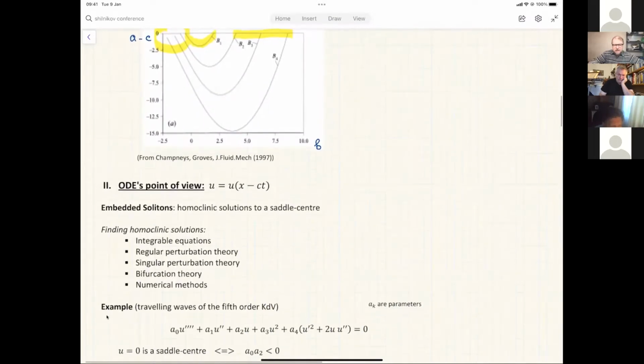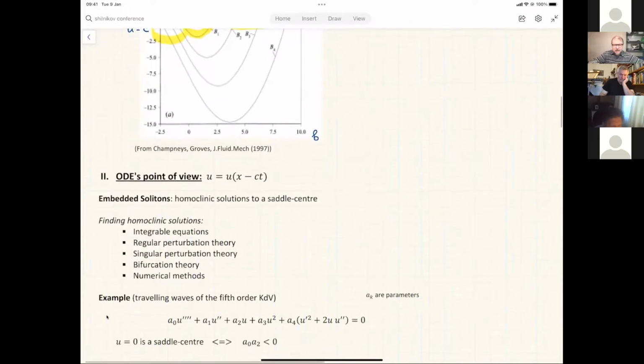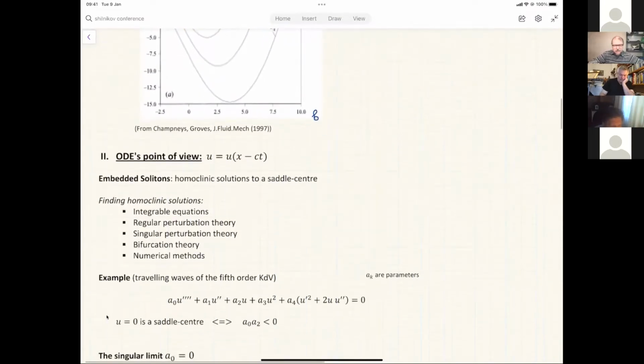And it's very easy to see that u equal to 0 satisfies this equation, and this u equal to 0 corresponds to a saddle center if and only if the product of a_0 and a_2 is negative. And we will have a deeper look into this situation.